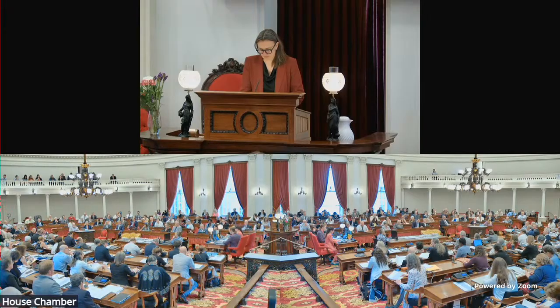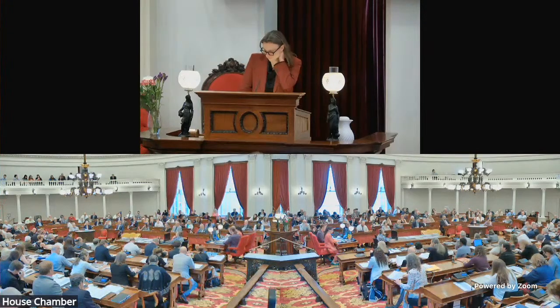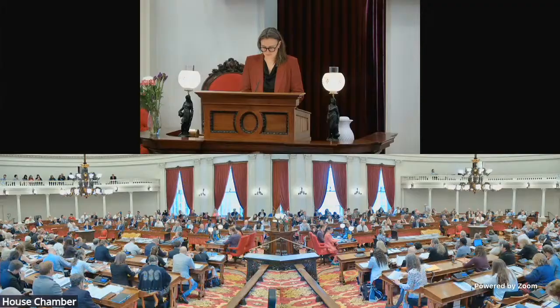Conlon of Cornwall. Cooper of Pownal. Corcoran of Bennington. Critchlow of Colchester. Damar of Vergennes. Dickinson of St. Albans Town. Dobrovich of Williamstown. Dodge of Essex. Dolan of Essex Junction. Duncan of St. Johnsbury. Donahue of Northfield. Duke of Burlington.